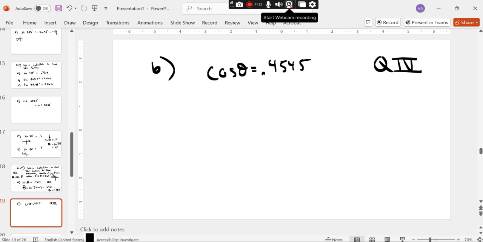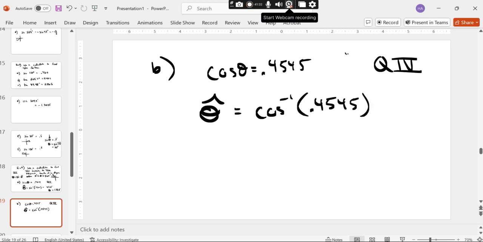So when I do this here, I'm not going to put theta here. I'm going to put theta hat, cosine inverse 0.4545. Now, we actually will learn a whole bunch more about this inverse stuff when we get to the end of chapter 4. That's when we're like, oh, that's the big picture. We're just doing some quick stuff here.